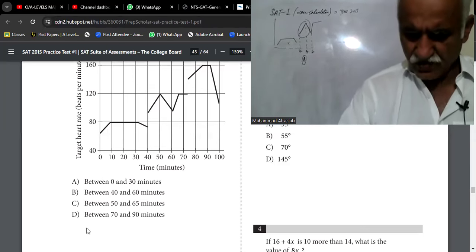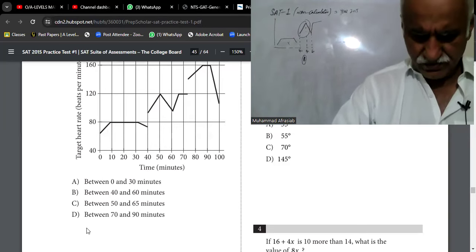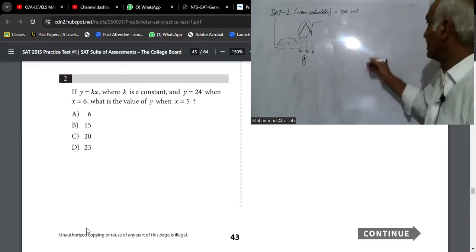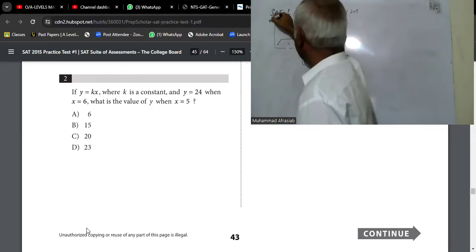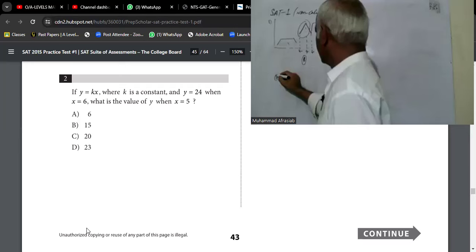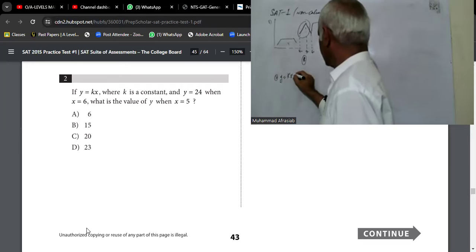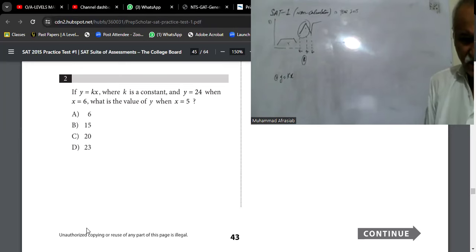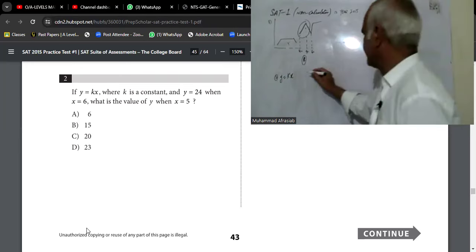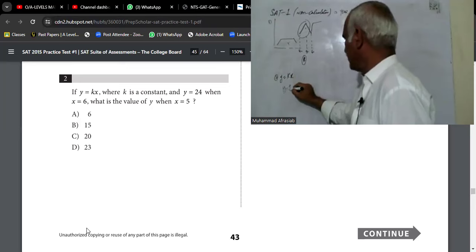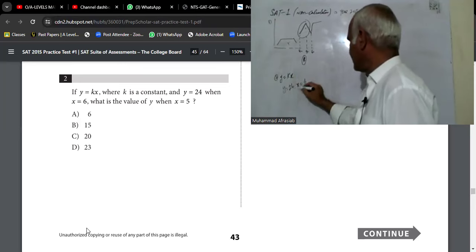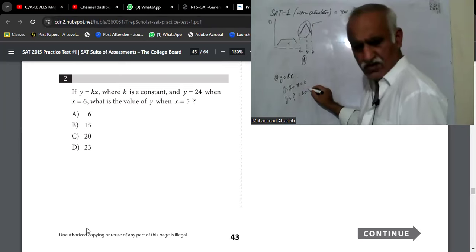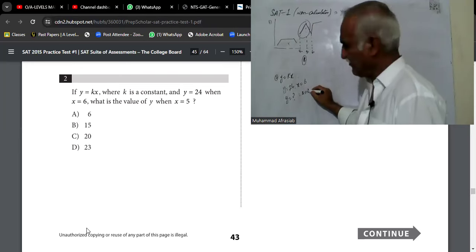Then question number 2. If y is equal to kx, it is direct variation, where y is 24 and x is 6. You have to get the value of y when x is equal to 5.